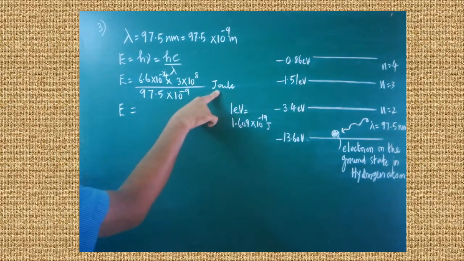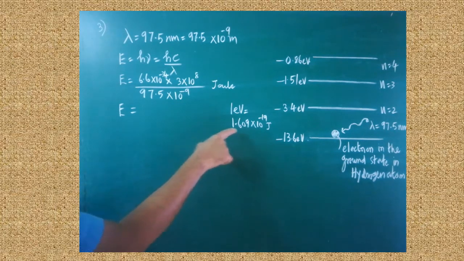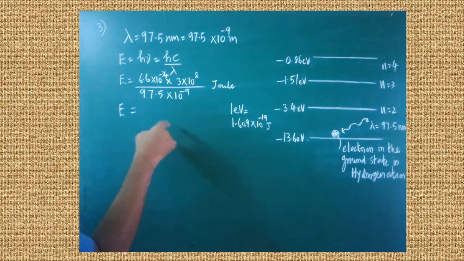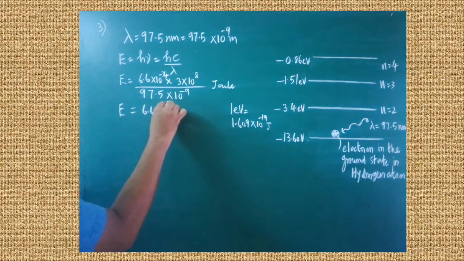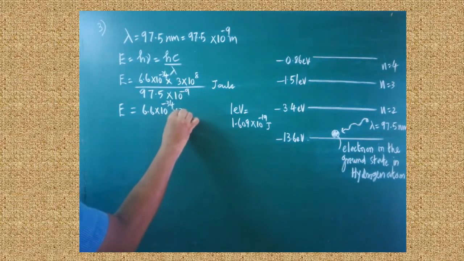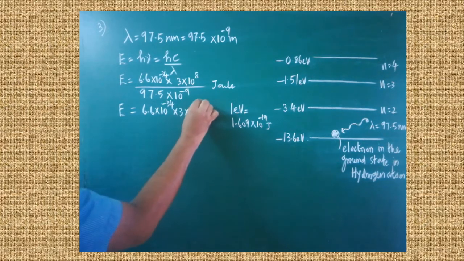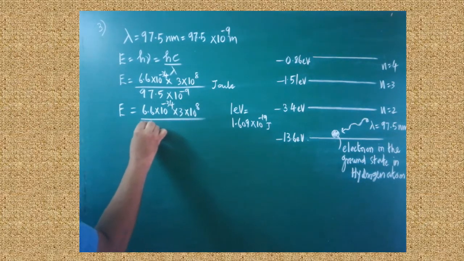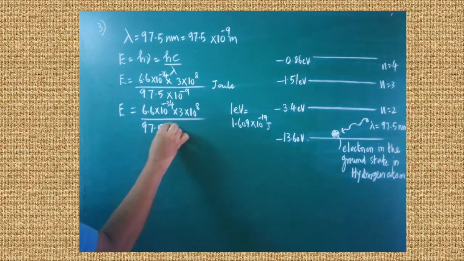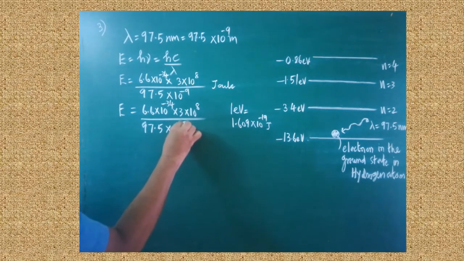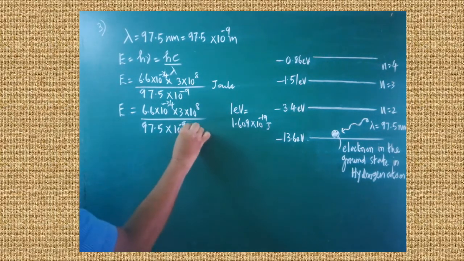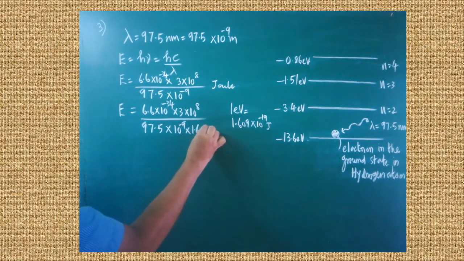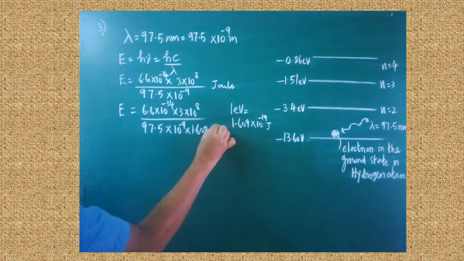The value is in terms of joule, but it has to be converted into electron volt. Therefore this value is to be divided here. 6.6 into 10 to the power of minus 34 into 3 into 10 to the power of 8, whole divided by 97.5 into 10 to the power of minus 9 into this value written in the denominator. Only then is the conversion possible.